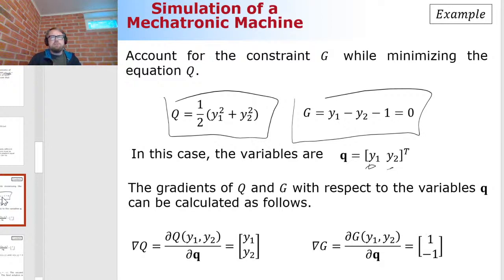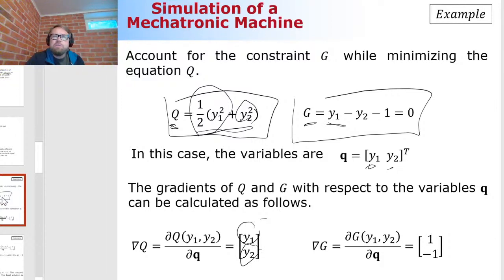So let's first compute the gradients of my original function and my constraint, meaning that I'm differentiating this one here first with respect to y1. You differentiate this one with respect to y1, it's going to give you y1. You differentiate that with respect to y2, so it's going to be y2. That's very straightforward.